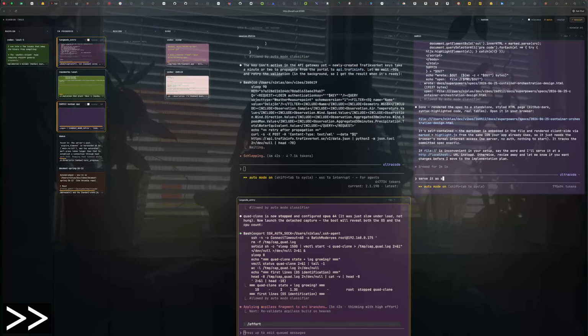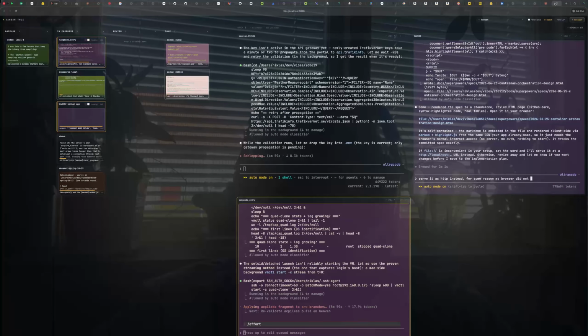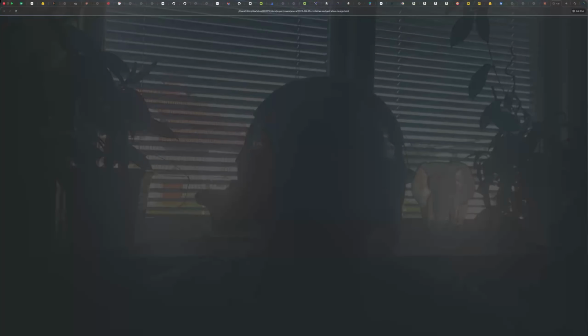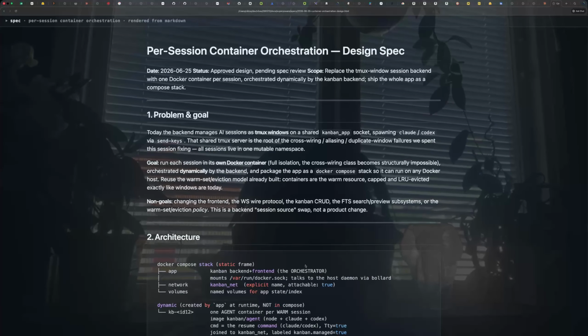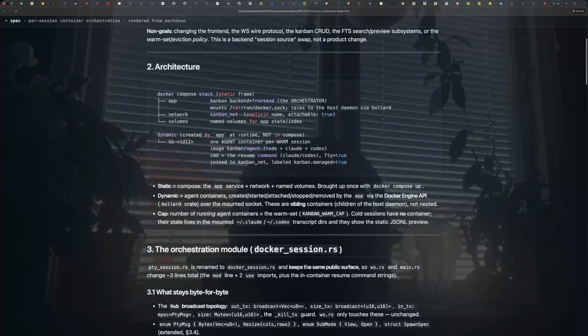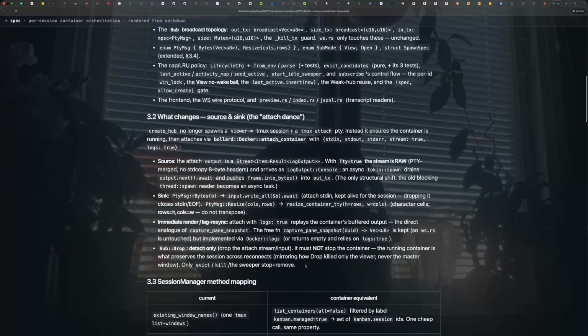Oops. Ah, that was the problem. Ah, here's the specification. Oh no. So it has made a design.